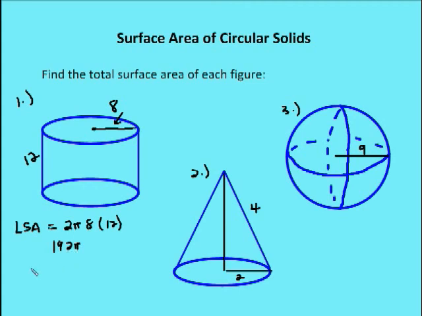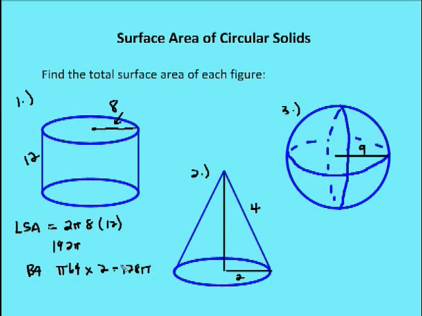Now my base area is going to be pi r squared. So pi times r squared, which is 64, and then I'm going to multiply that by 2 because I have two bases, so that gives me 128 pi.